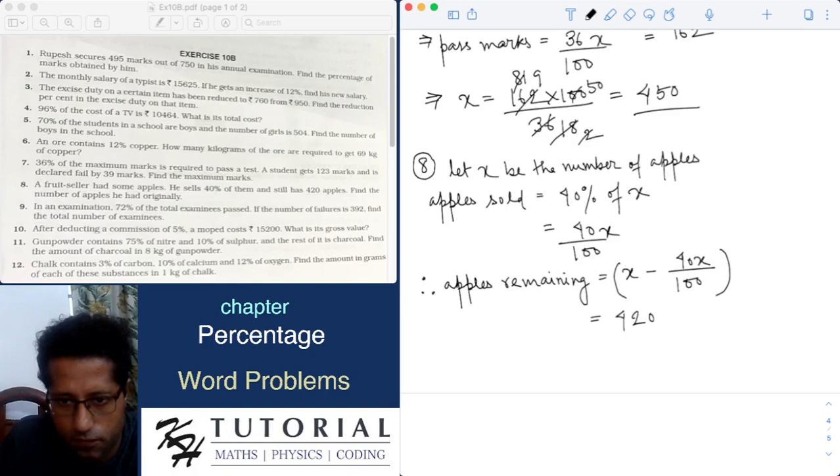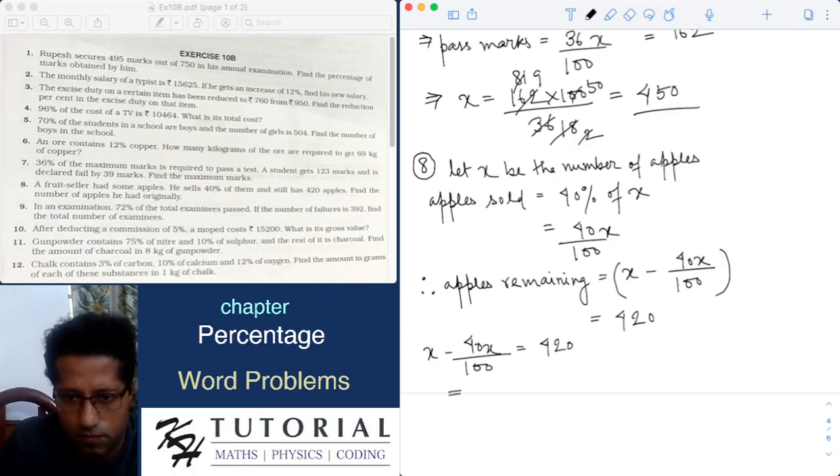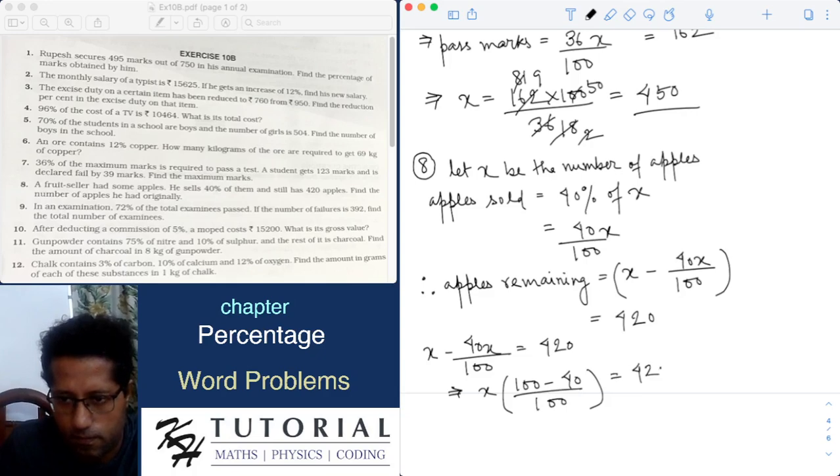So we got the equation x minus 40x by 100 equals 420. This implies, taking x common on the left hand side, x times (100 minus 40) divided by 100 equals 420.